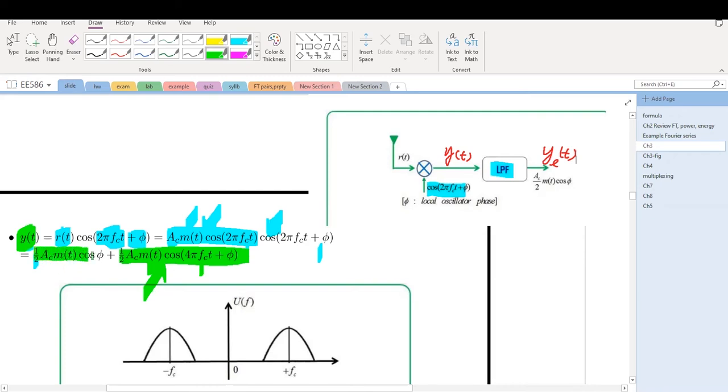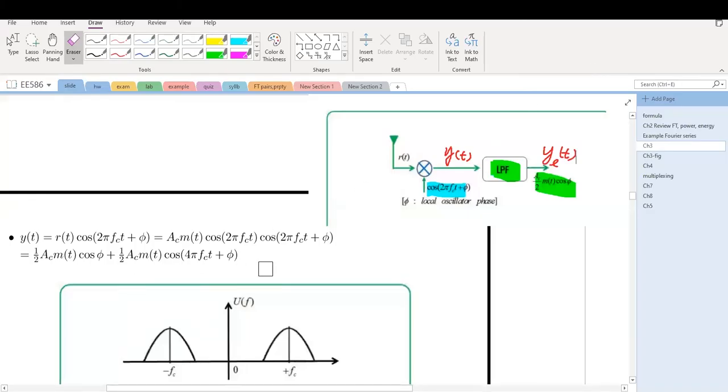So we're going to have this portion left. Supposing the gain of the low pass filter is 1, so we don't amplify or attenuate the signal, just for the ideal case, the output will be half Ac m(t) cosine phi. This is exactly what we obtained here. I call it yL(t), where L means low pass.